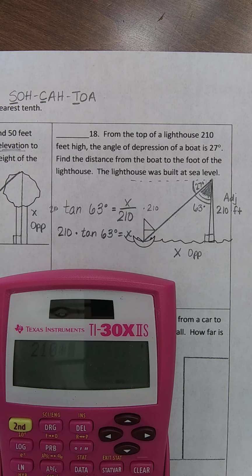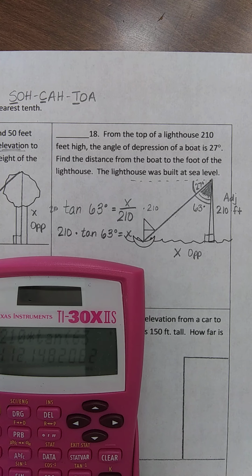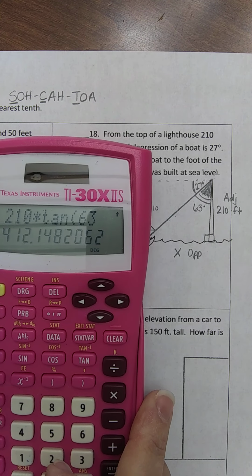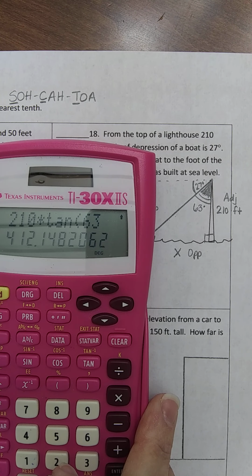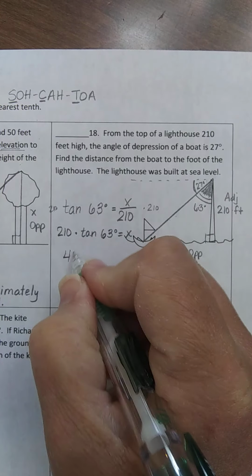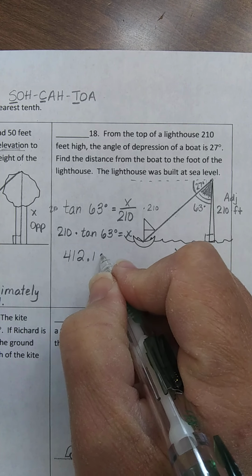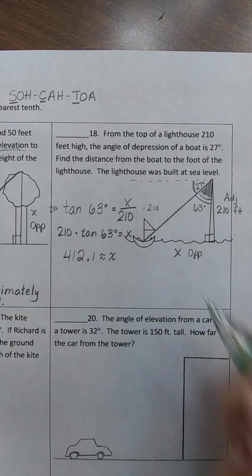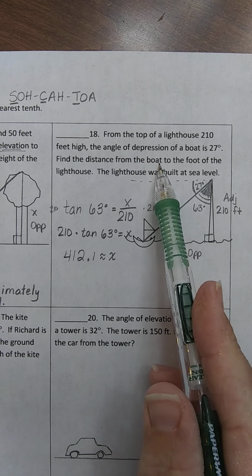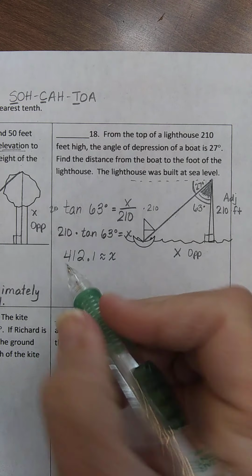210 times the tangent of 63, and we get 412.14. So we want to keep 412.1, and it's not going to round up. So 412.1 is approximately x. So it asks, find the distance from the boat to the foot of the lighthouse.